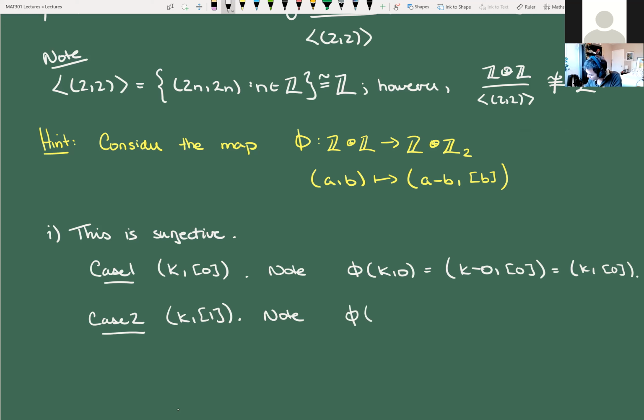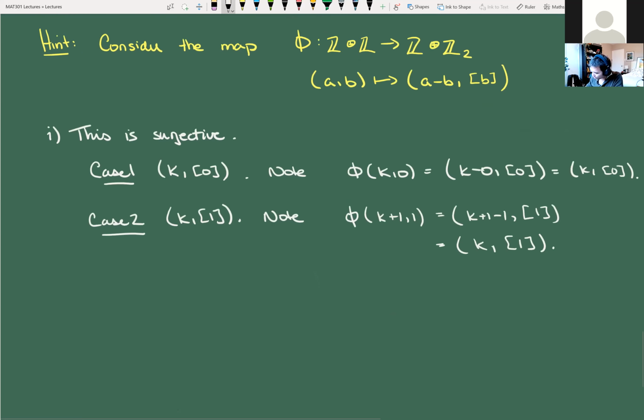The easiest thing is probably (k+1, 1). That will give me k+1 minus 1, and then the equivalence class of 1. That's exactly what we wanted: k and the equivalence class of 1. So this map is certainly surjective. I don't think that's too bad.